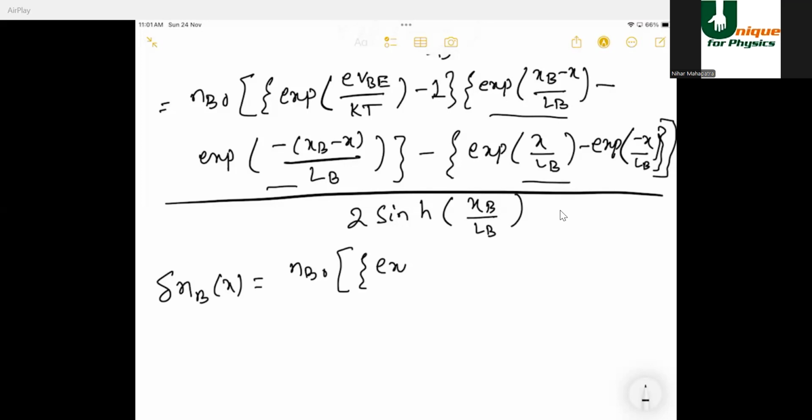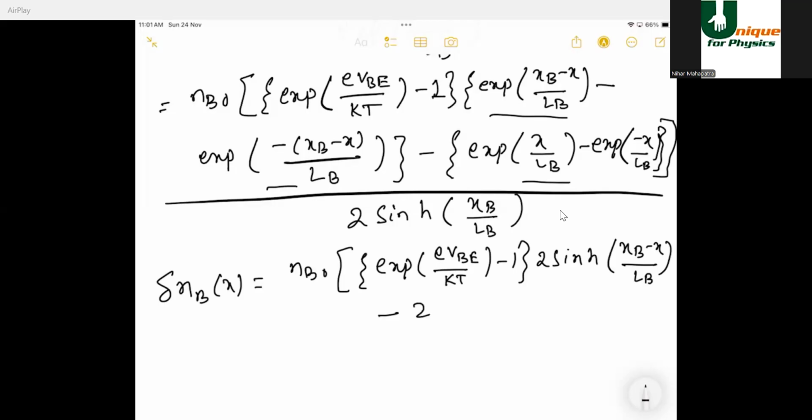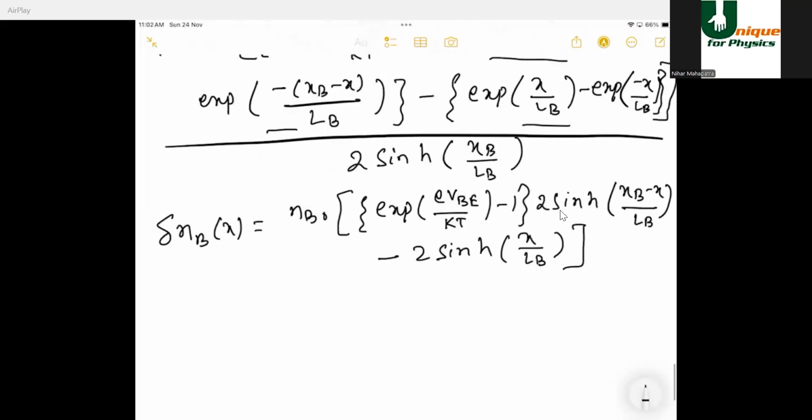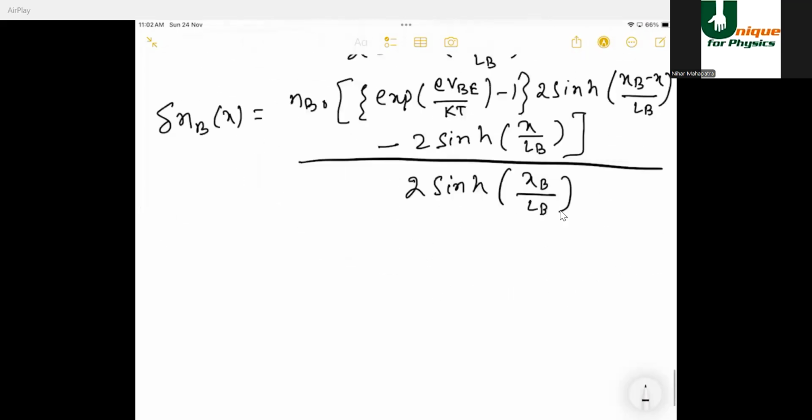We got the first term will be there as it is, e to the power eVbe upon kT minus 1, multiplied with 2 sinh of xb minus x upon Lb minus 2 sinh of x by Lb. Okay, that's where it ends. All divided by 2 sinh xb by Lb, which will give us nb0.